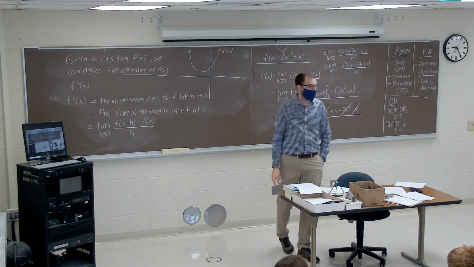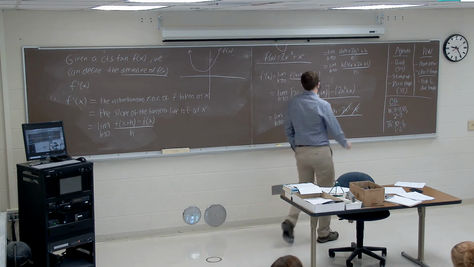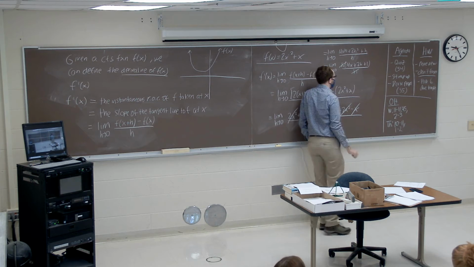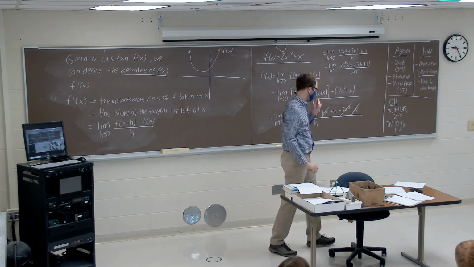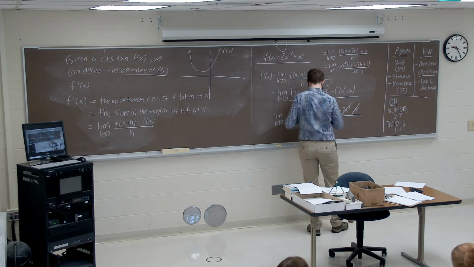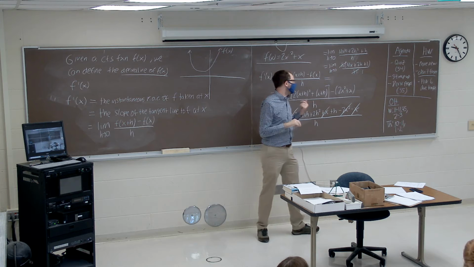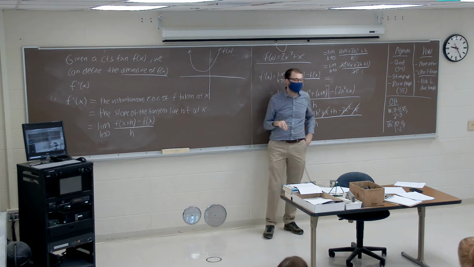Why did you pull out a factor of h? So the bottom and top cancel out. This h will cancel out with this h now. And so let's see, what are we going to have left? We're going to have a 4x plus 2h plus 1.